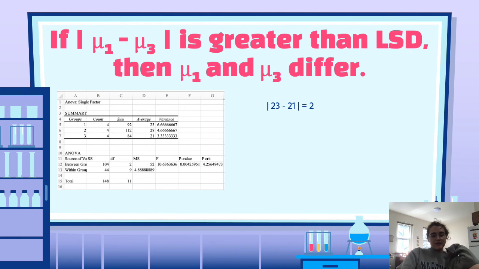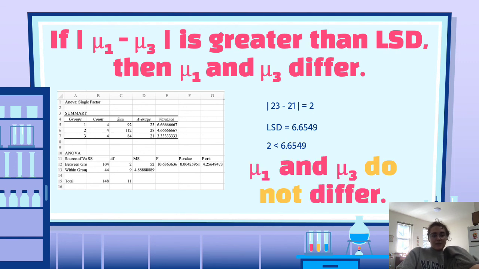So if you subtract those, you get a value of 2. And our least significant difference found in the last slide is 6.6549. So obviously 2 is less than 6.6549, which means that the average for 1 and the average for 3 do not differ, which means that they are equal.